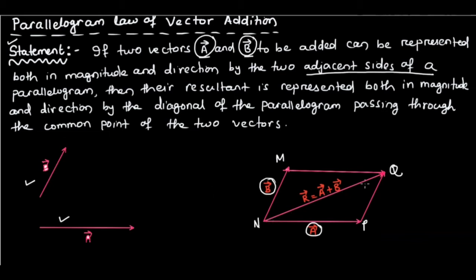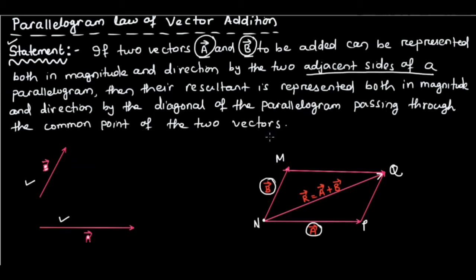That means the length of NQ will represent the magnitude of the resultant vector and this arrow mark will represent the direction of the R vector. Is that clear? And why did we choose this diagonal NQ? Because this diagonal NQ passes through the common point of the two vectors.